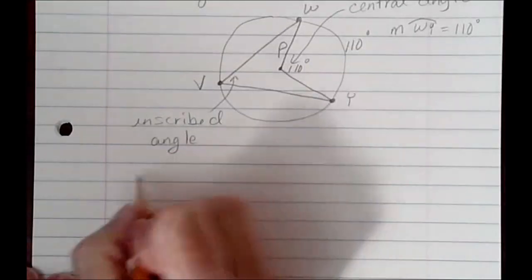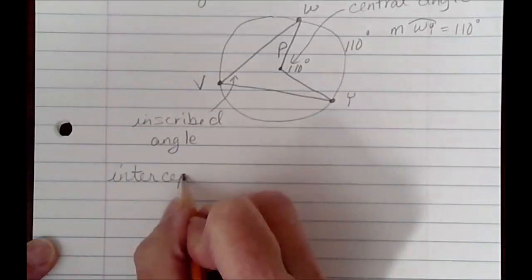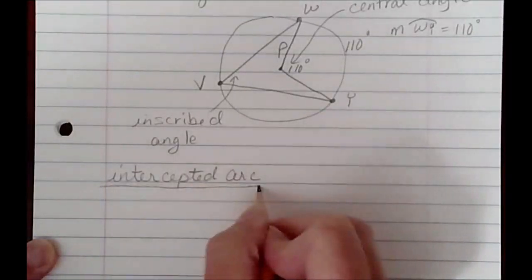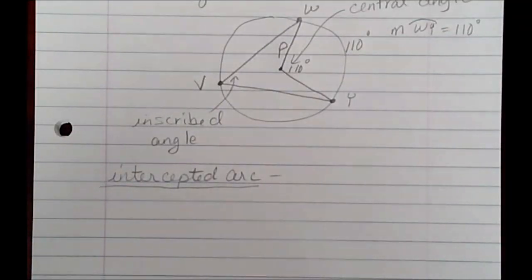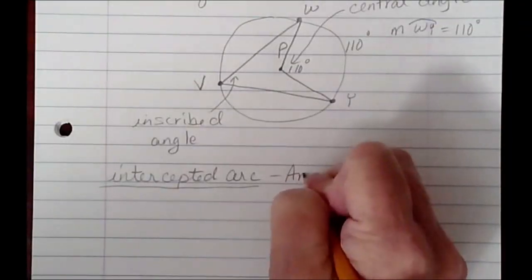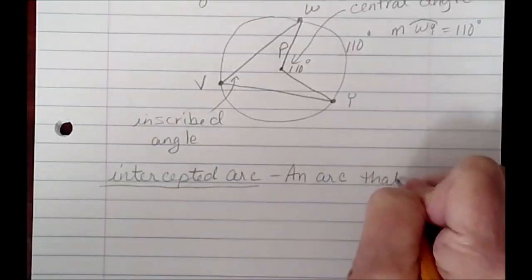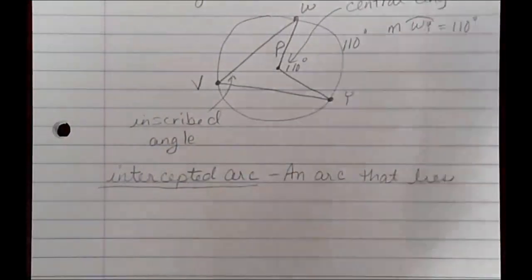Okay, our next word is intercepted arc. Same page, 97.